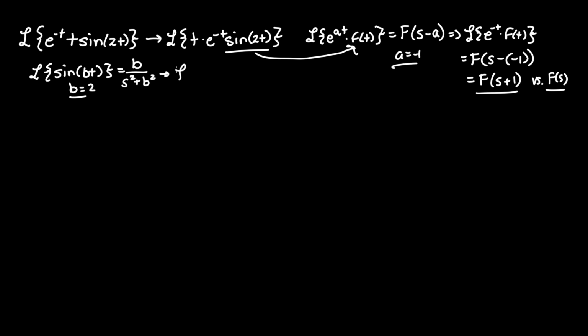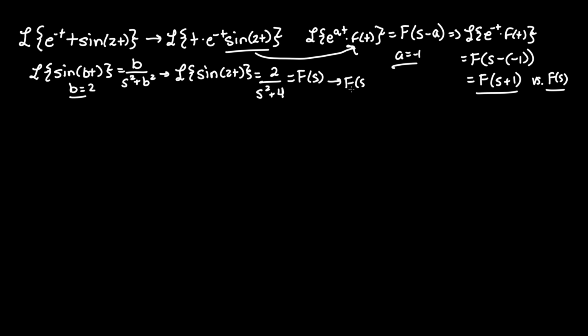So, Laplace of sine of 2t equals 2 over s squared plus 4. Remember, this is our F of s. And based on the fact that e to the negative t is multiplied by this, we have to take any s terms that we find in the fraction and replace it with s plus 1.